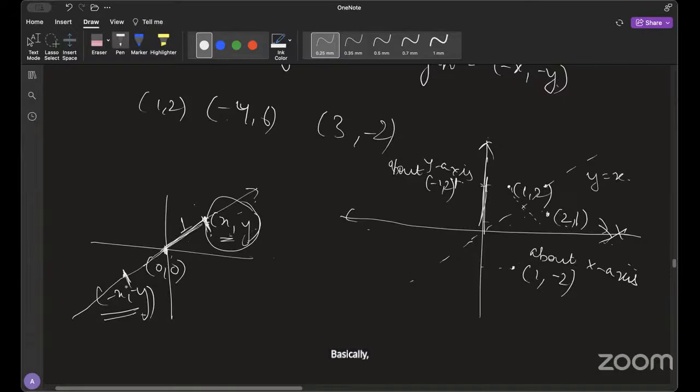Basically, x comma y and minus x comma minus y have to be at equal distance from 0 0 on this line. Is that okay? That's what it means.